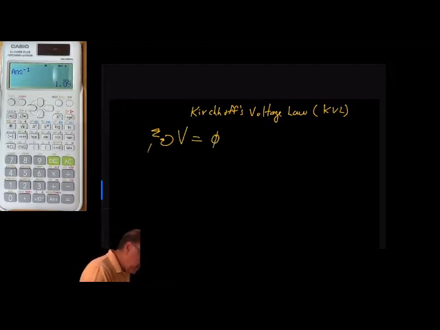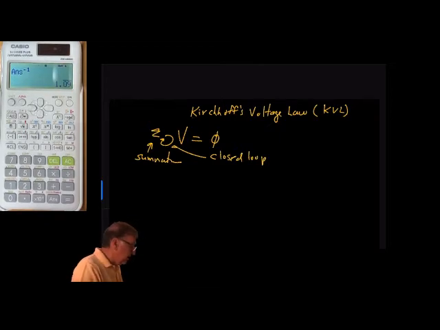So this is the summation, and this is the closed loop, and this is in a clockwise direction. So said another way, the summation on a closed loop of the voltage equals 0.